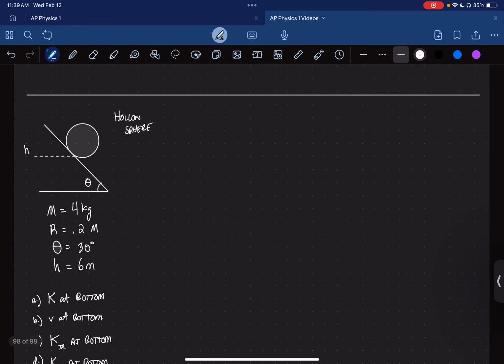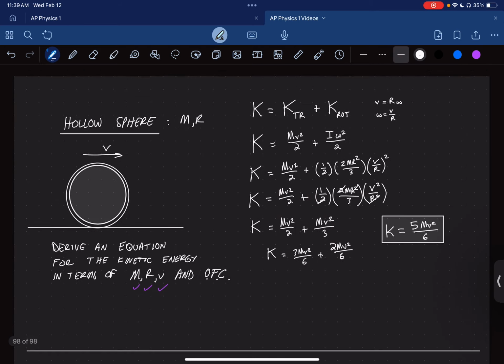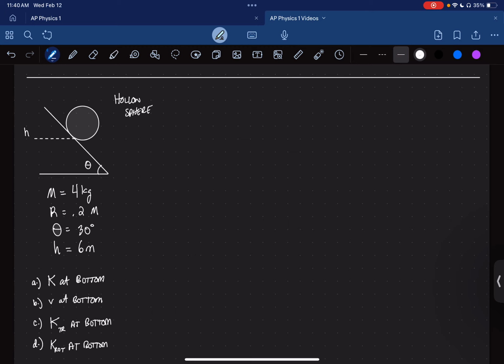So another hollow sphere. This time we know the mass, we know the radius. It's on a slope which is angled at 30 degrees. And the hollow sphere is at a height of 6 meters. We want to know what is the kinetic energy of this hollow sphere at the bottom. And by the way, this is starting from rest.